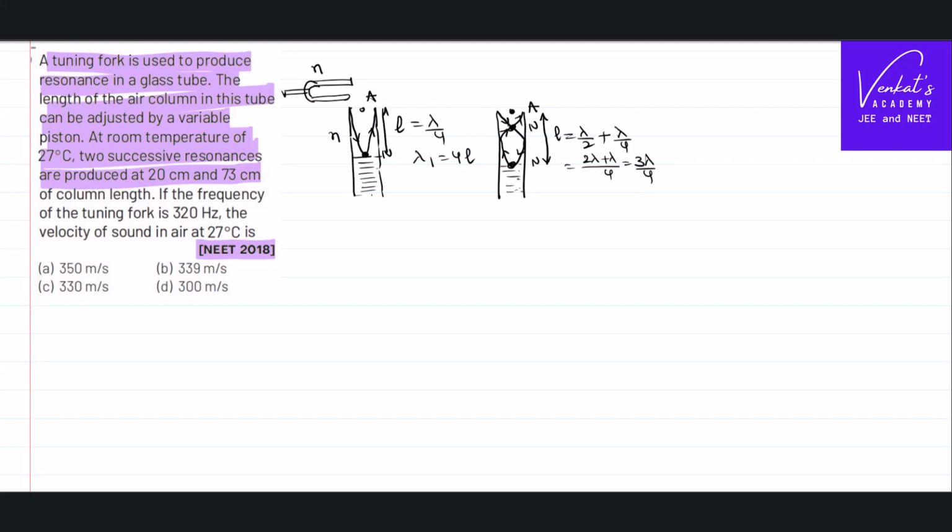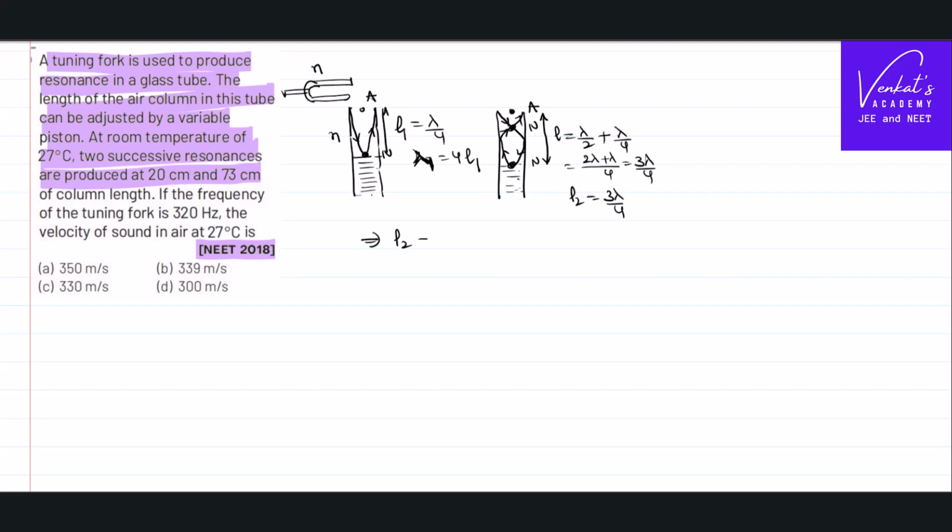Wavelength for the first resonating length L1, I can write L1 equal to lambda by 4. We call this wavelength lambda. Next time L2 could be written like 3 lambda by 4.